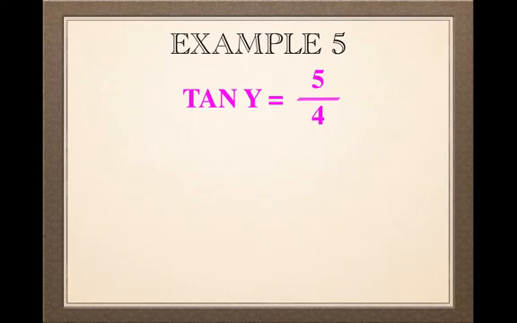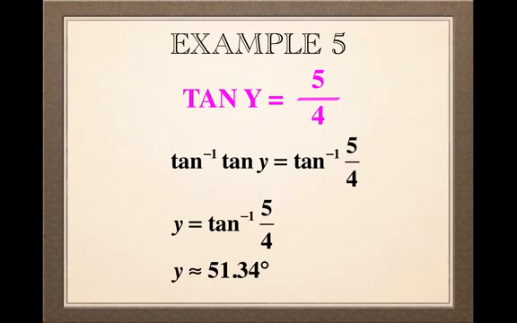Well, we have to eliminate the tangent by doing the opposite of tangent. Well, what is that? It's called inverse tangent. And we denote this with a little -1 power symbol. So if we inverse tangent both sides, then on the left side we just get y. The tangent disappears.